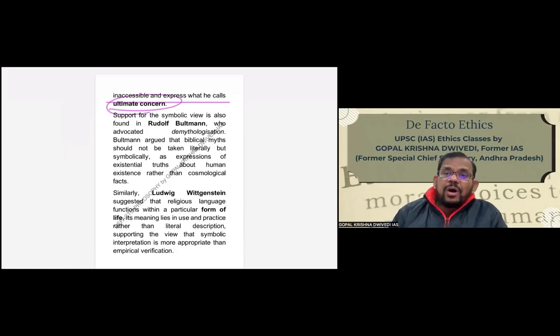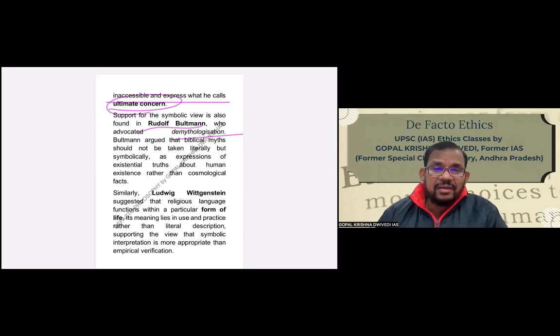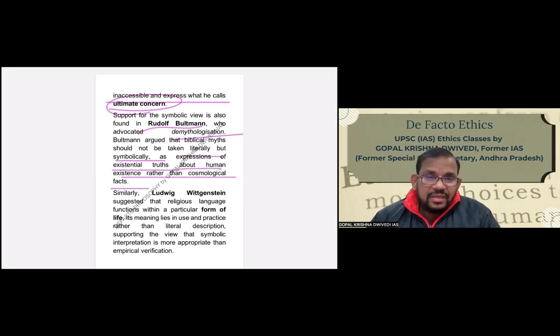Now, this view of Paul Tillich is also supported by Rudolf Bultmann, who advocated demythologization. He said that biblical myths should not be taken literally, but symbolically, as expressions of existential truths about human existence rather than cosmological facts.